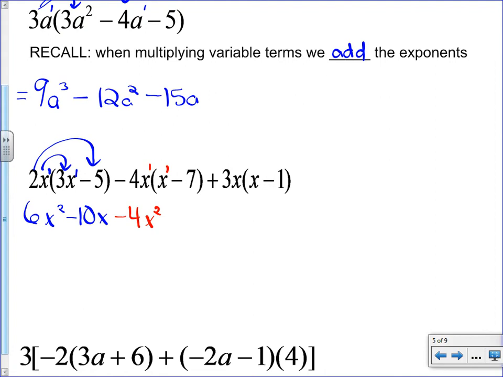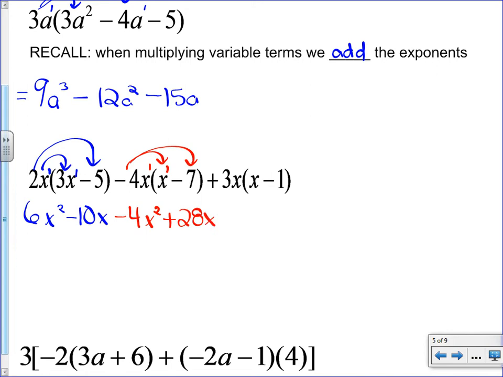And then what did you say I got for the last one? Careful. What numbers am I multiplying together? I've got to look in front. Negative 4 times negative 7, very good, gives me positive 28x.